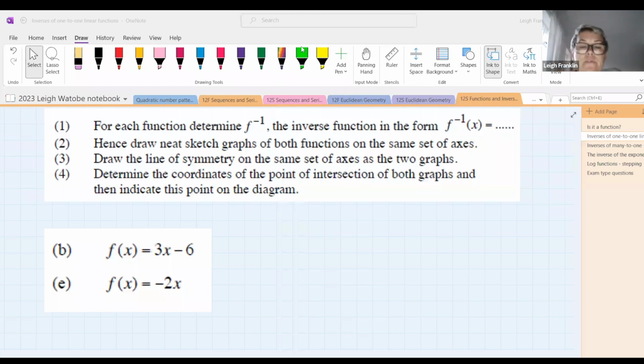Can both of you share on the chat the equations of your inverses that you've got? Yes, Yanela, perfect. So Alungile and Nosipo to share the equations of your inverses. I just want to make sure that that's correct before we go and sketch.